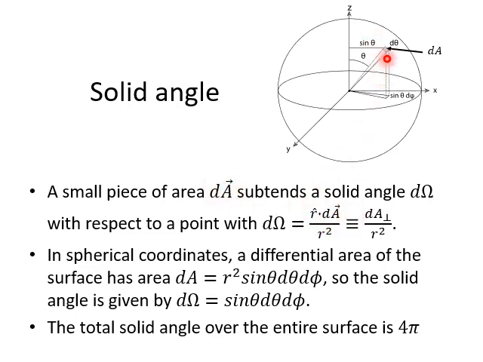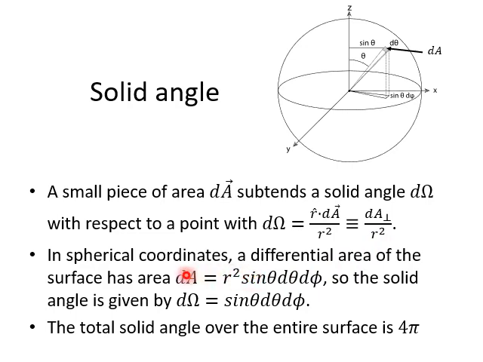But the way that we've drawn it, the area normal is perpendicular to the spherical surface. So this thing here would just be dA for an element on the surface over r squared, all right? So it's the fraction of the area that is perpendicular to the normal, divided by r squared.